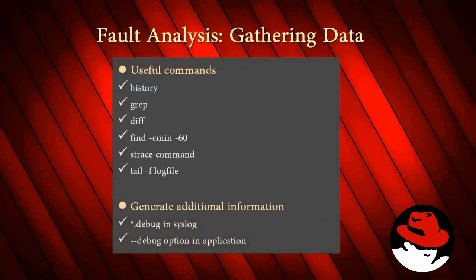Fault analysis deals with gathering of data. We have to gather all the data first. For gathering data, there are a few very useful commands that will help you. Suppose the problem was initiated by running a problematic or nuisance command.